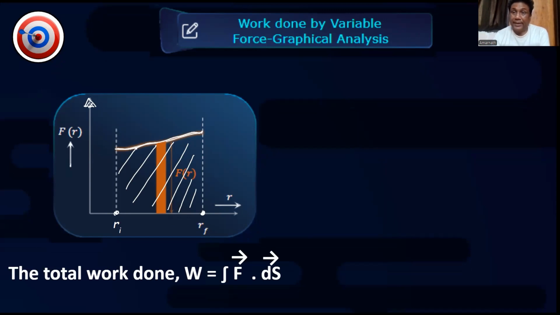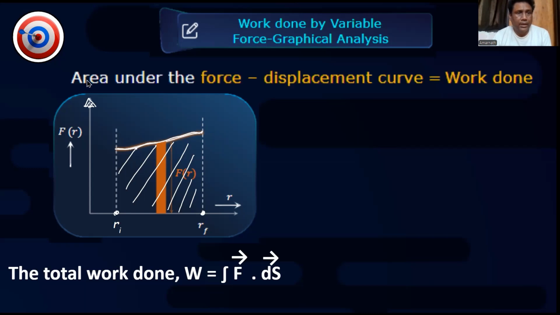But remember, the area is a signed quantity. If the area is in the positive quadrant, it will be positive. If it is in the negative quadrant, it will be negative. Please write down all these things: area under the force displacement graph is equal to work done.